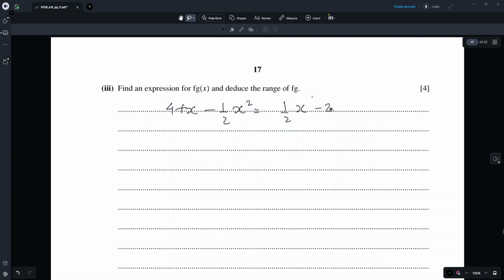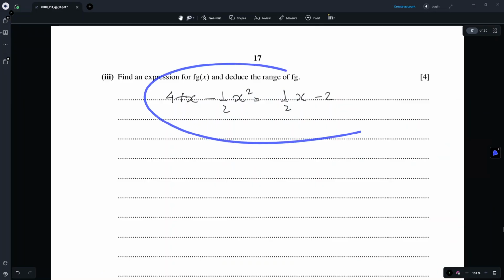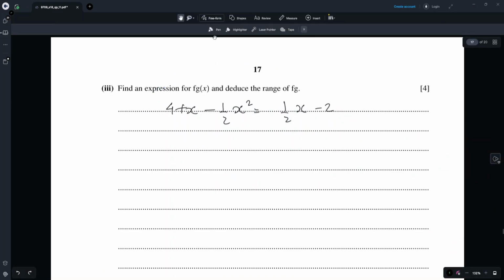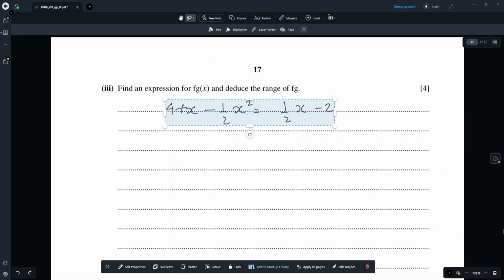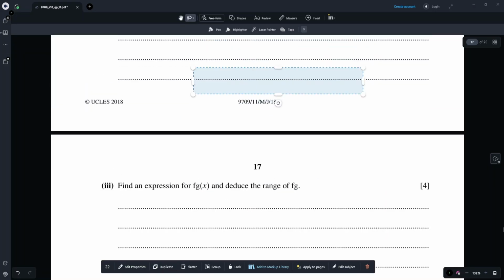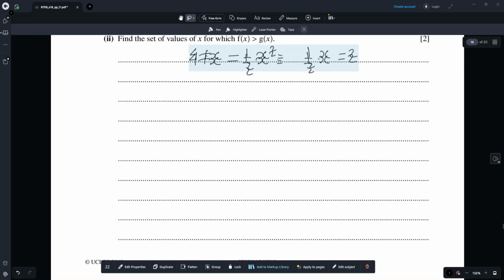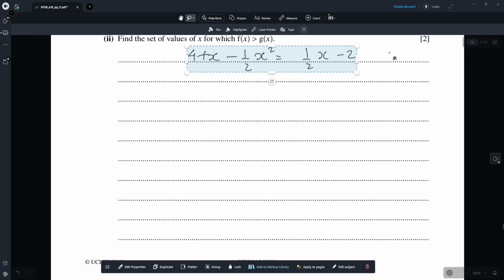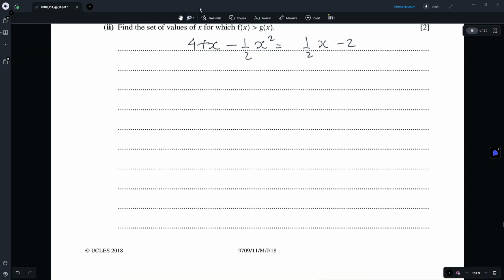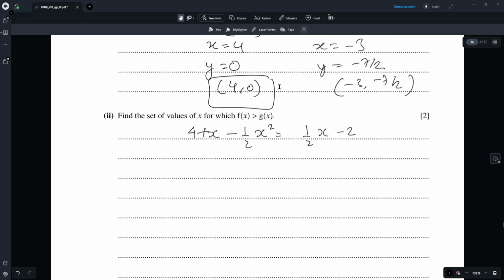Okay, so this is f of x, not this one. This is f of x. Oops. This is g of x. So it is something like this as well.